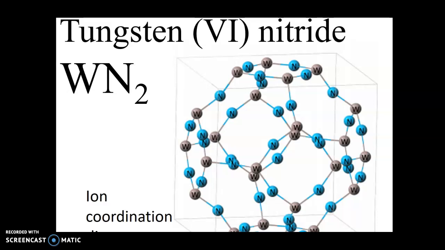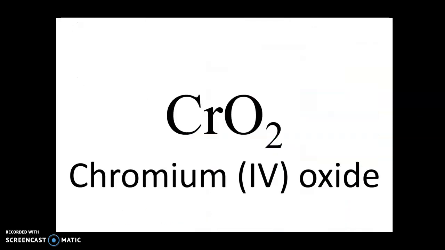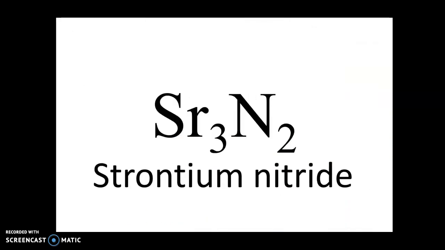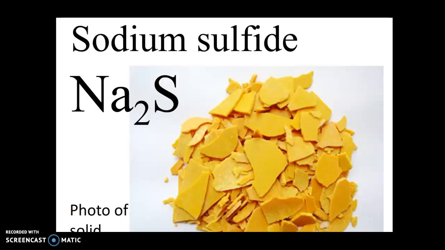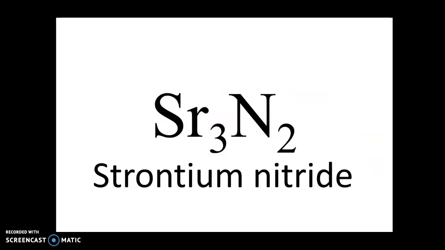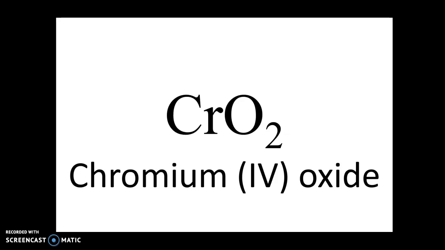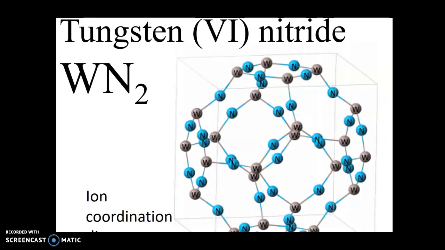And that was true of all of these examples, that the ending was changed to ide: fluoride, nitride, chloride, sulfide. So the second element is a nonmetal. The second element ends in ide instead of the way it ends on the periodic table. However, we are not indicating in the name the number in the chemical formula.